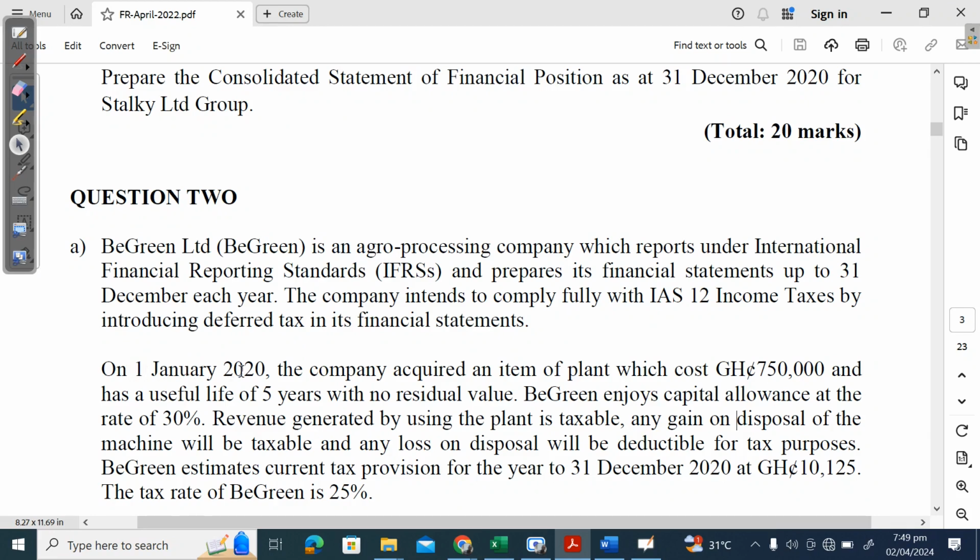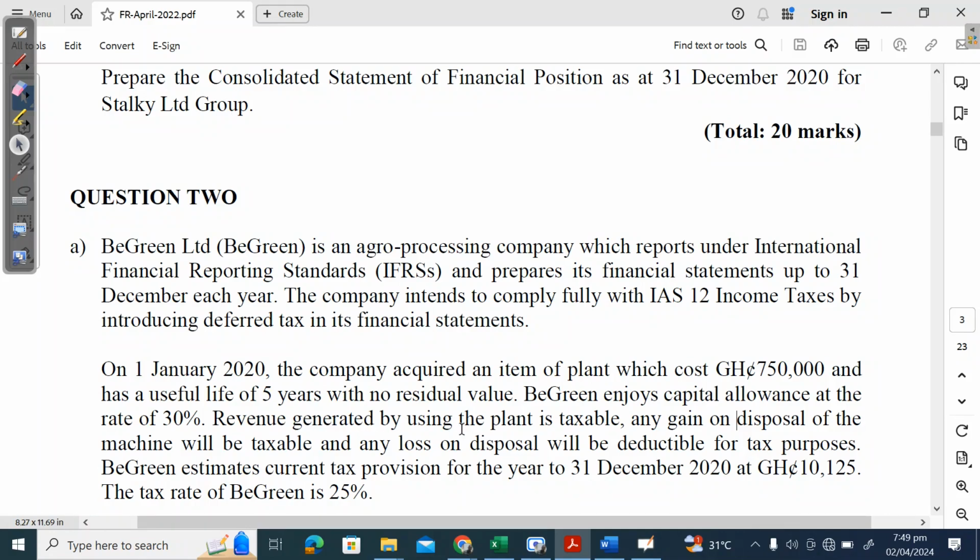On 1st January 2020, the company acquired an item of plant which costs 750,000 Ghana cedis and has a useful life of 5 years with no residual value. Big Green enjoys capital allowance at the rate of 30%.